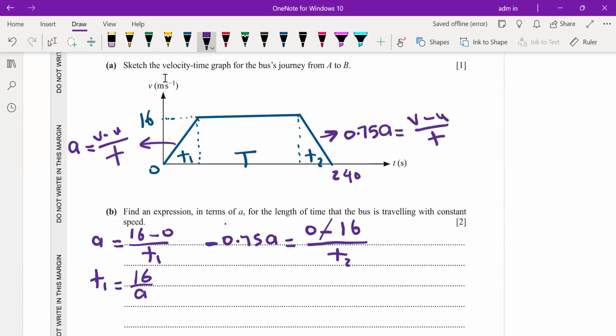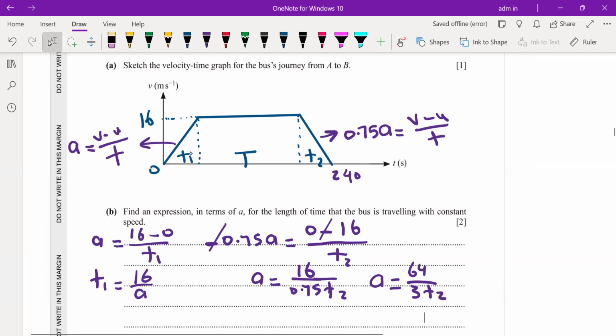The negatives cancel, so the acceleration is equal to 16 divided by 0.75 T2. Writing 16 divided by 0.75 as a fraction in its simplest form, the acceleration is equal to 64 divided by 3 T2.